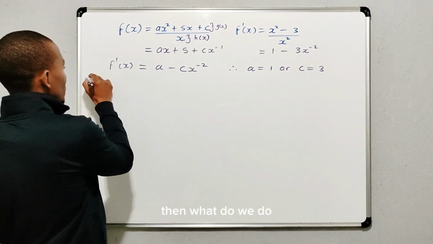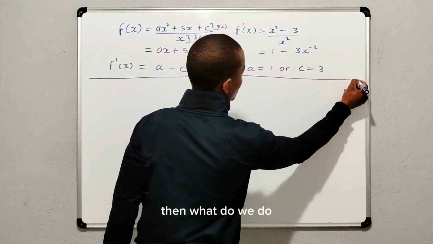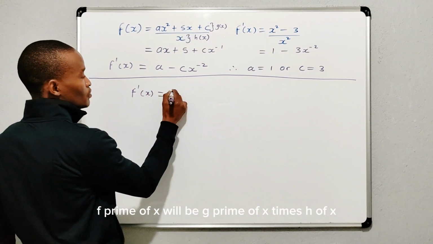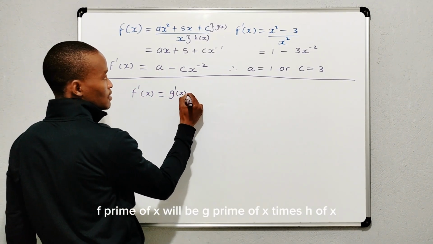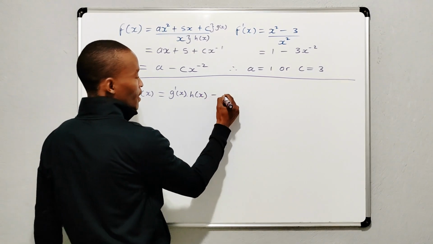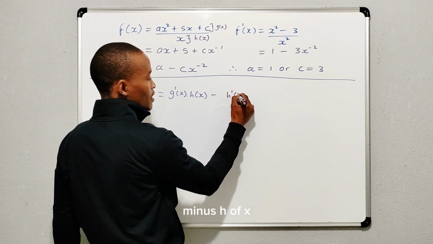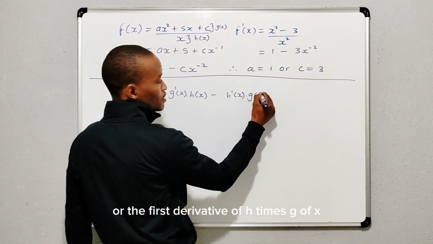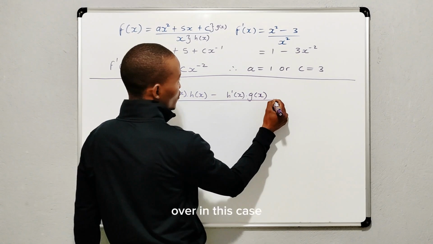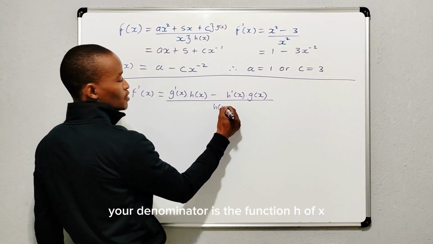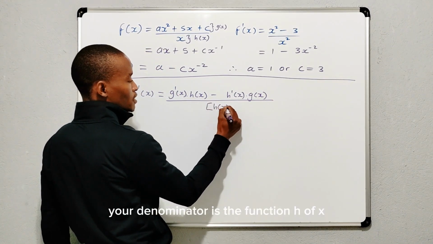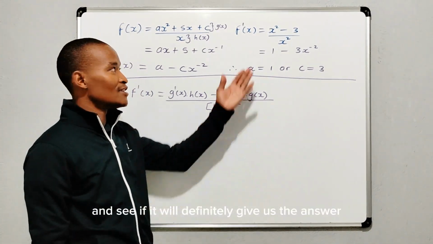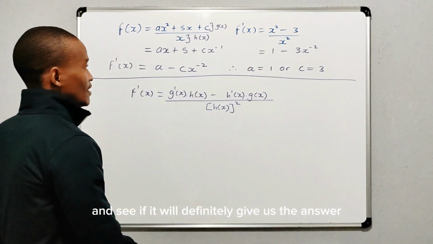The quotient rule says f prime of x will be g prime of x times h of x minus h prime of x, the first derivative of h, times g of x, over h of x squared. Let us test the rule and see if it will definitely give us the answer.